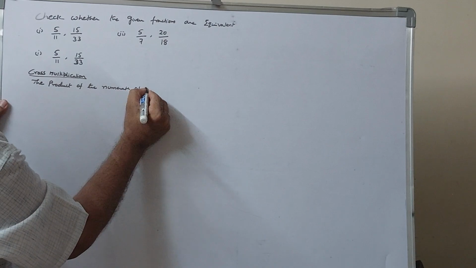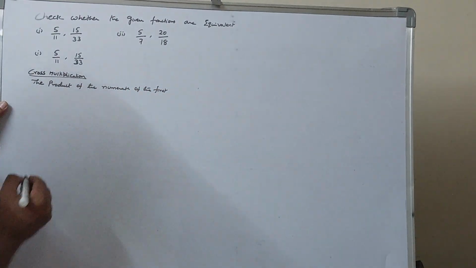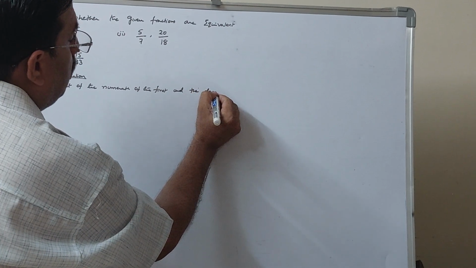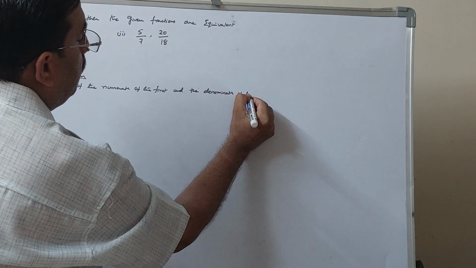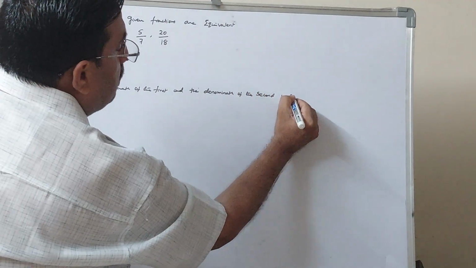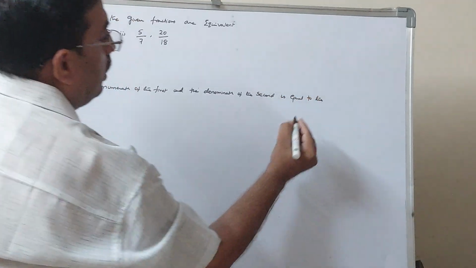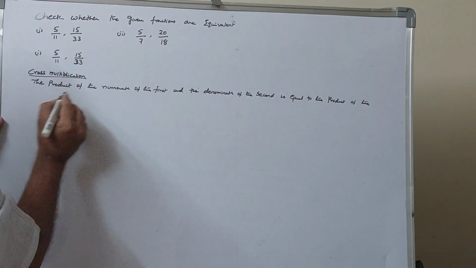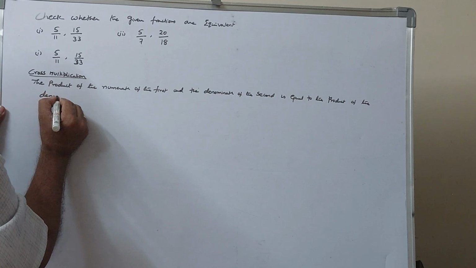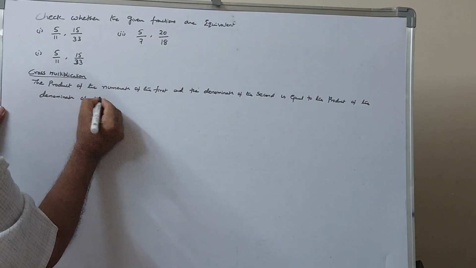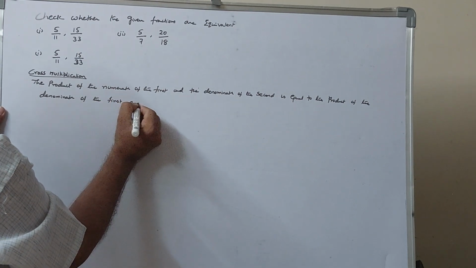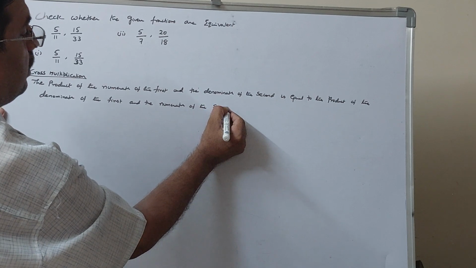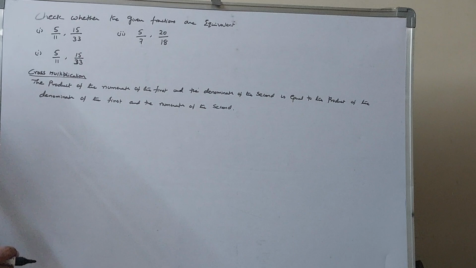The product of the numerator of the first and the denominator of the second is equal to the product of the denominator of the first and the numerator of the second. If it is equal, we'll tell it is an equivalent fraction.